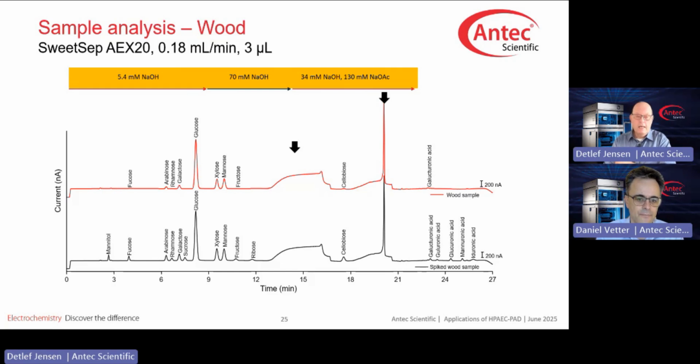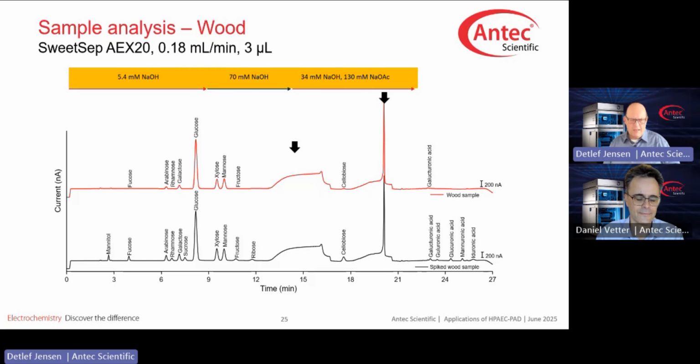And let's have a look at the yellowish bar on top. That is basically showing you the elution of the carbohydrates. First, we start with the low concentrated sodium hydroxide solution, then with a higher concentrated sodium hydroxide solution, which we use in a step gradient kind of approach.